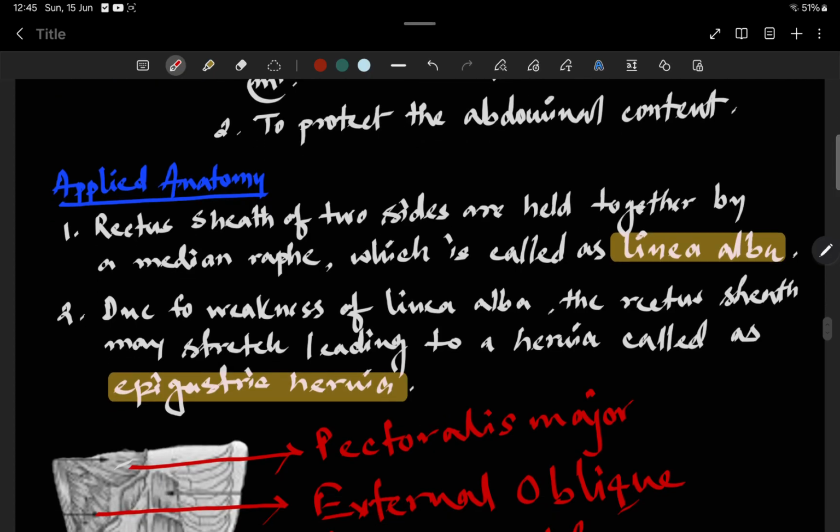In applied anatomy, the rectus sheath of two sides are held together by a median raphe.